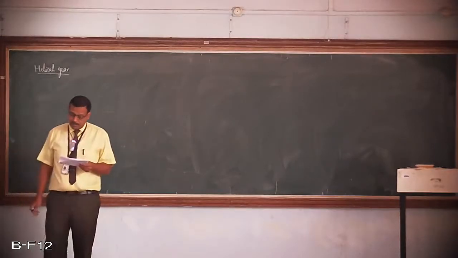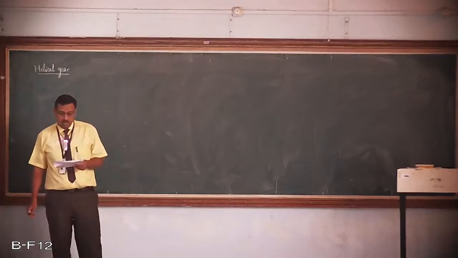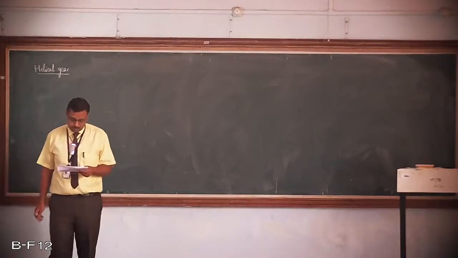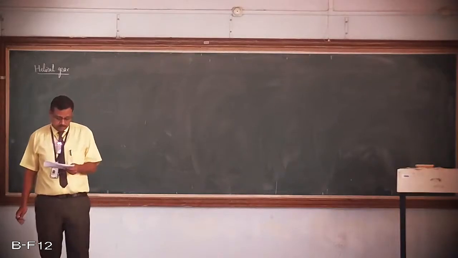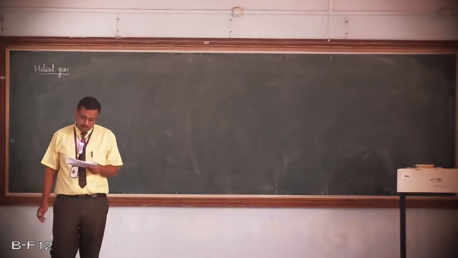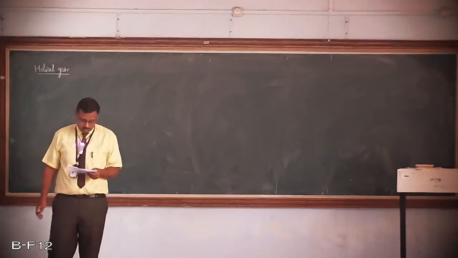Normal pressure angle is 20 degrees while the helix angle is 25 degrees. Gear is made of cast steel untreated, and the material for the pinion is forged steel C45 hardened.